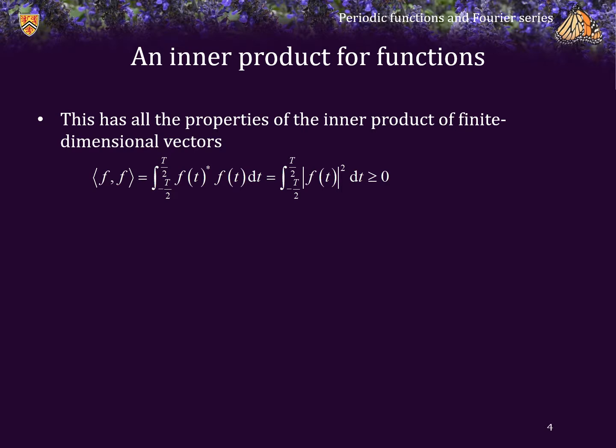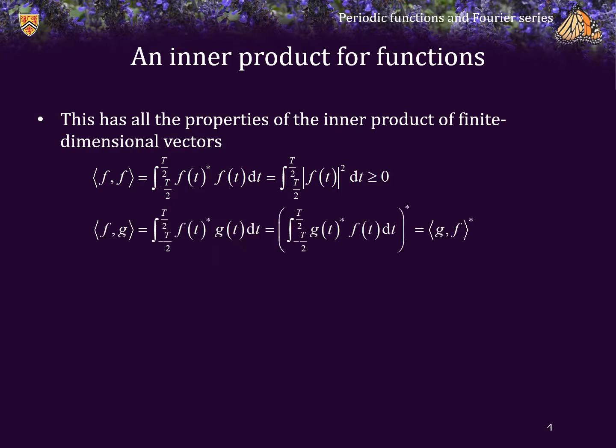And the only piecewise continuous function on the interval from negative T over 2 to T over 2 that has integral 0 is the 0 function. For any other function, the inner product of f and itself is going to be equal to a value greater than 0.